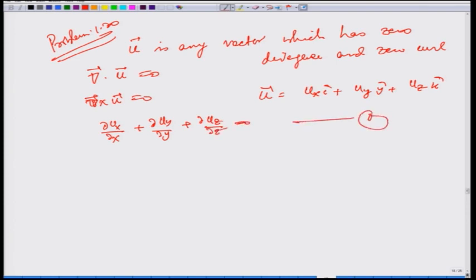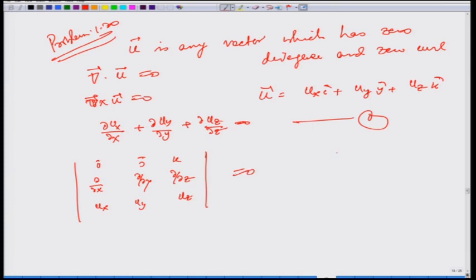That is the first condition. When I say that the curl of U is 0, I take the curl like this: del by del x, del by del y, and del by del z, with Ux, Uy and Uz, equal to 0. This will also vanish, so we will vanish one element at a time.